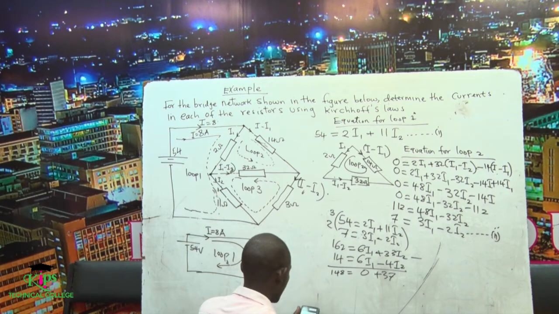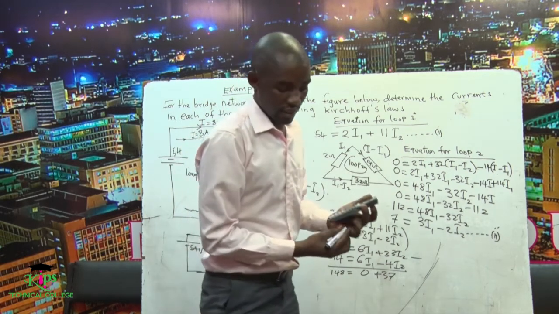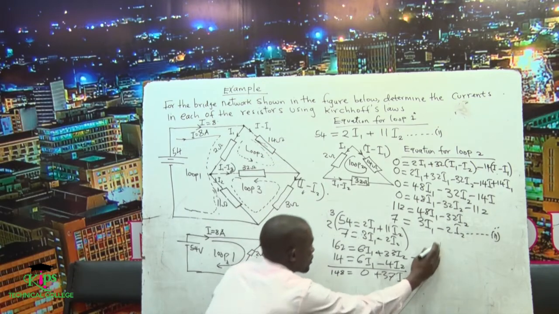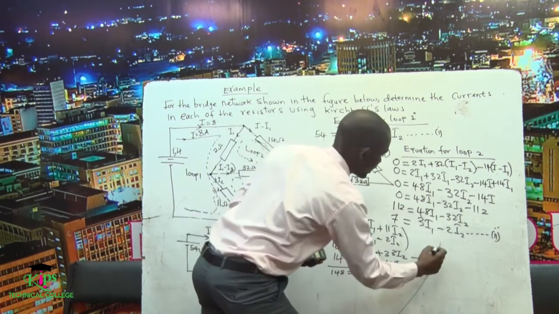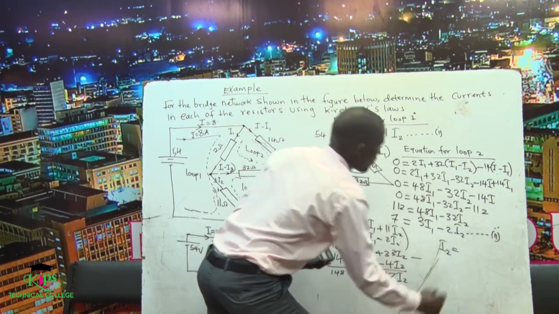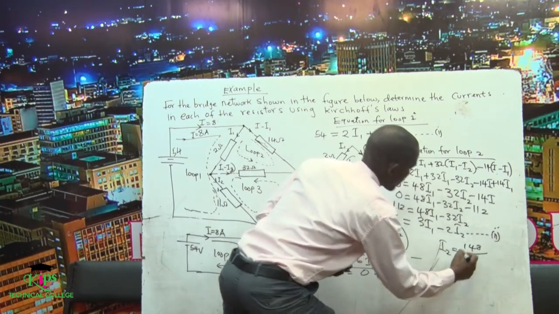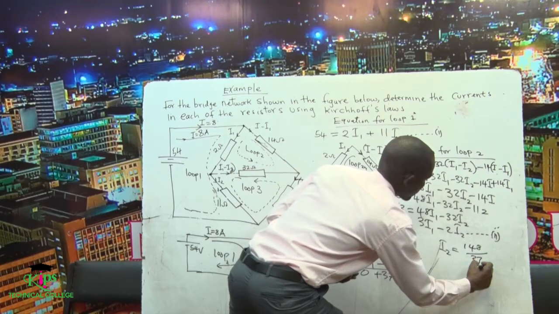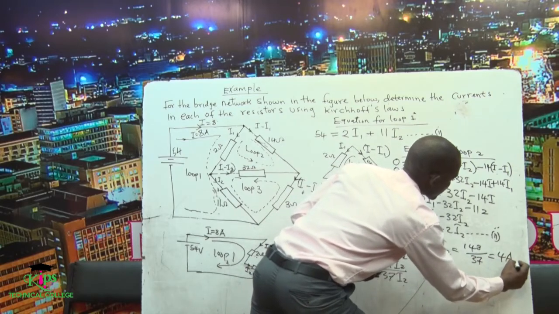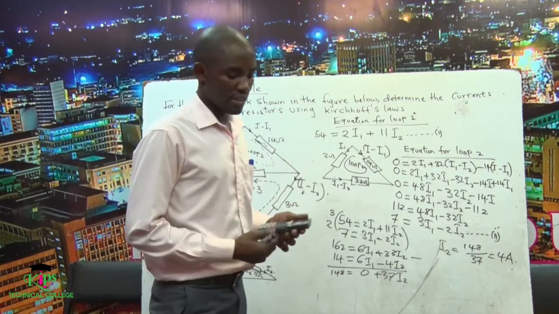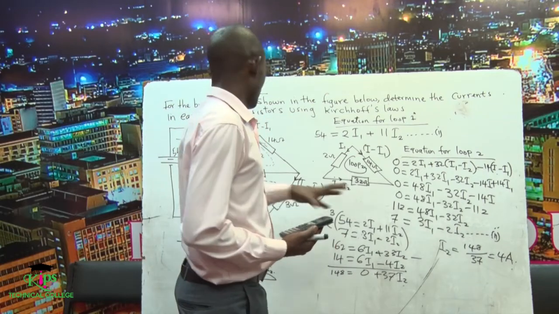So if you divide by 37, our I2 will be equal to 148 divided by 37, which is equal to 4 amperes. So you have determined the current I2.